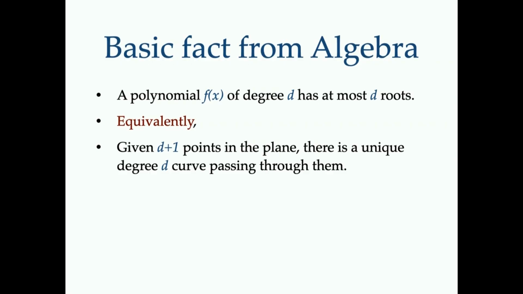Equivalently, you can restate this as: if I give you d plus 1 points in the plane, then there is a unique degree d curve passing through them, right? It's like saying, if I take 2 points in the plane, there is a unique line passing through them. If I take 3 points in the plane, there is a unique degree 2 curve passing through them.